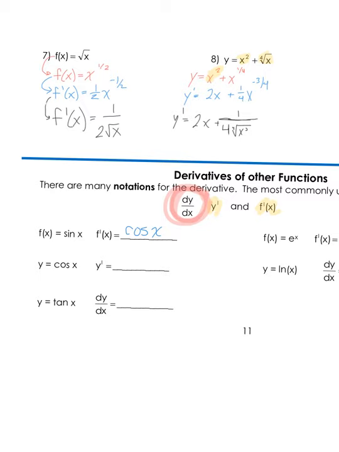The derivative of cosine x, you want to say sine x, you're close, is negative sine x. The derivative of tangent, there's my new notation, dy dx, is secant squared x.